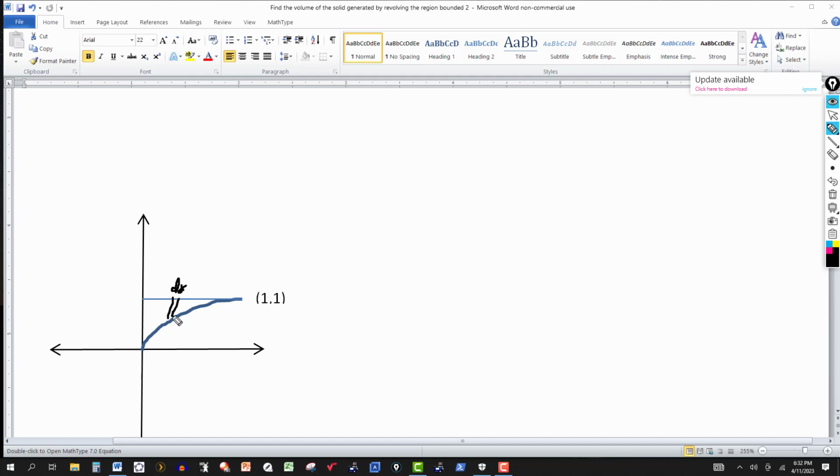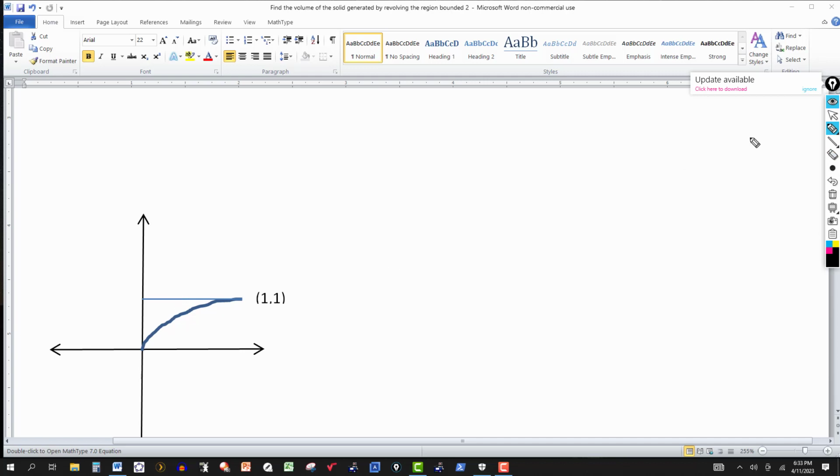And from the axis to that end of the region, that's going to be 1. And then this distance right here, that's the small r. That's going to be y, or the square root of x. So I plug those into that formula, and of course because it's dx, the interval is along the x-axis. So it's going to go from 0 to 1.